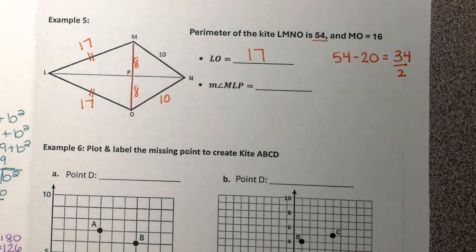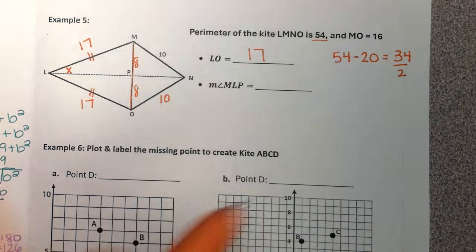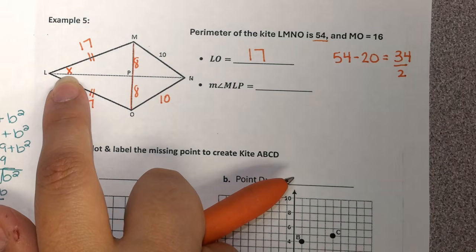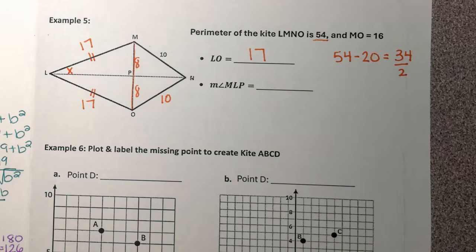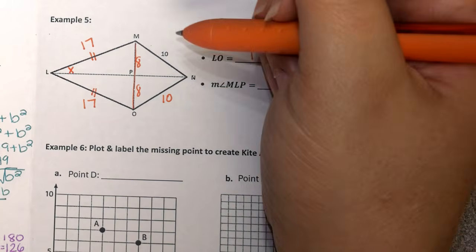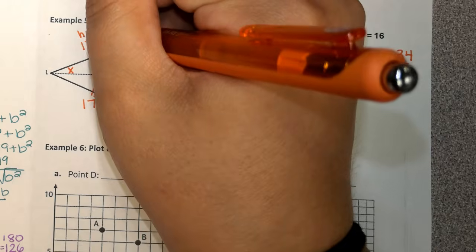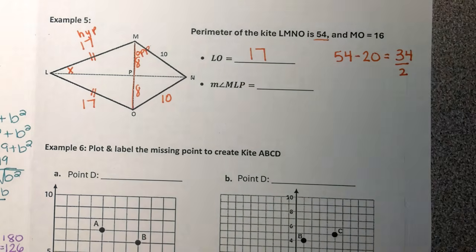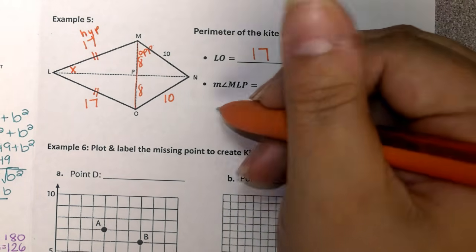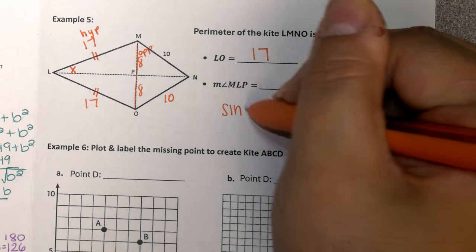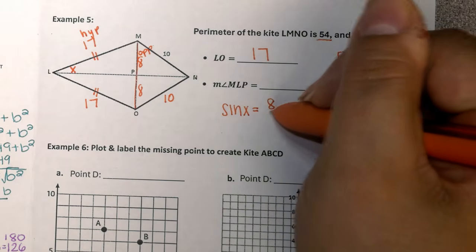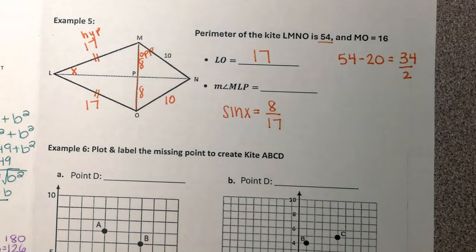Yes. Now, MLP is right here. How do I find that? I'm going to have to inverse which trig function? Sine. No, I did tan, but you got the 15, that's why. So then I'm going to do the sine of x is opposite over hypotenuse.